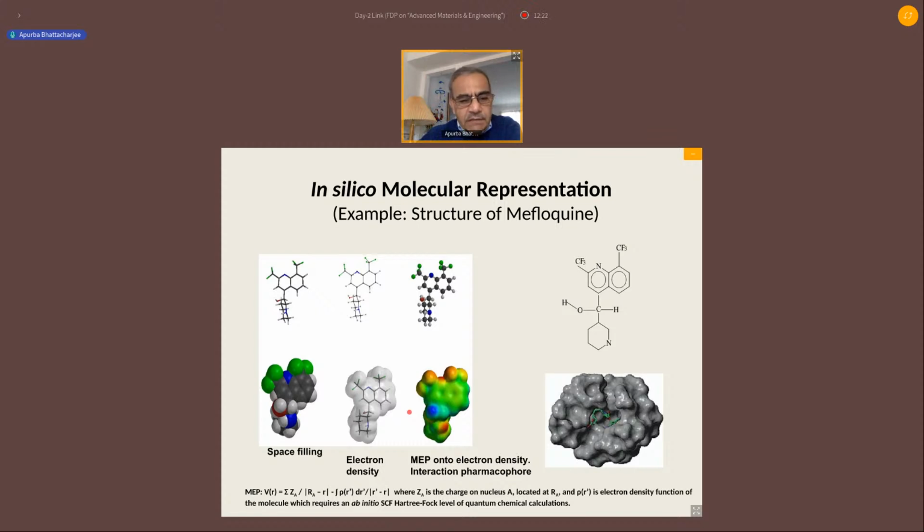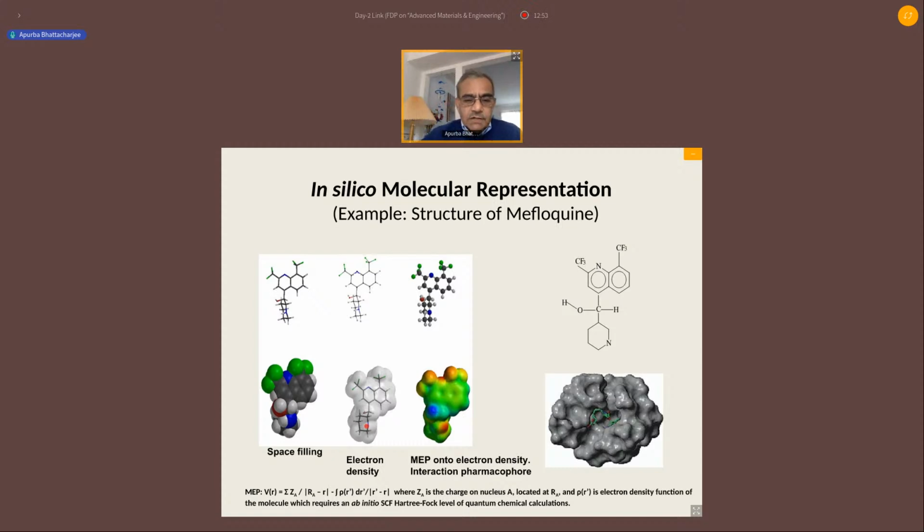Now, how does electron density arise? It is because of the nuclear distribution and the electron distribution due to the presence of different atoms in a molecule. They redistribute in the molecule so that certain regions may have a higher density of electrons, whereas certain regions will be deficient of electrons.